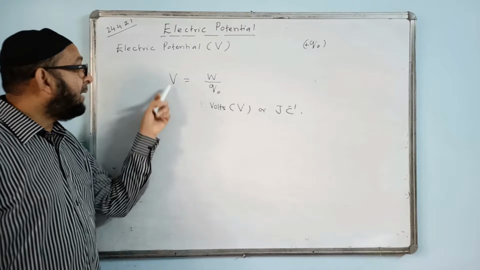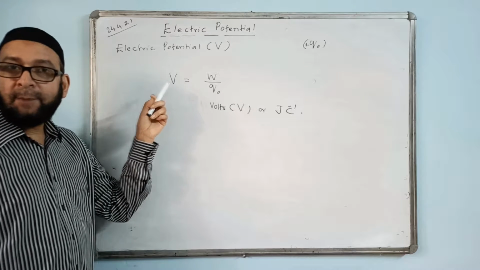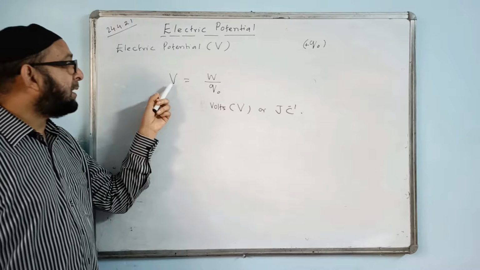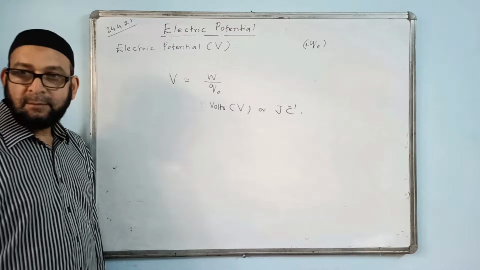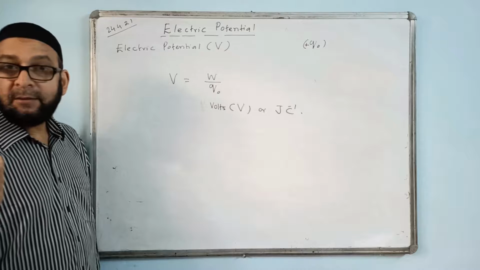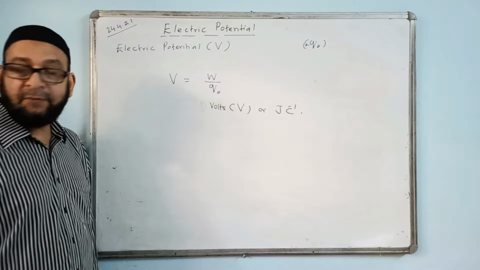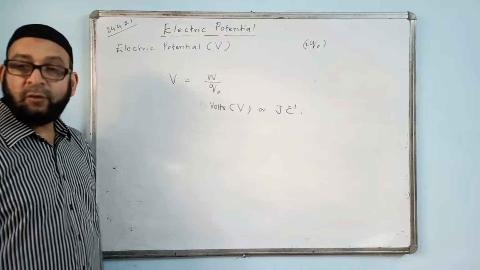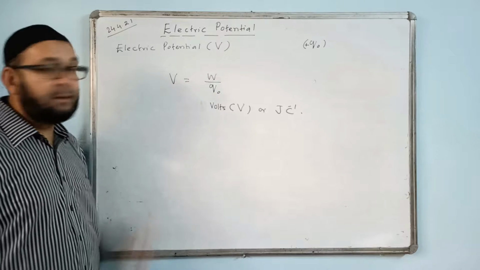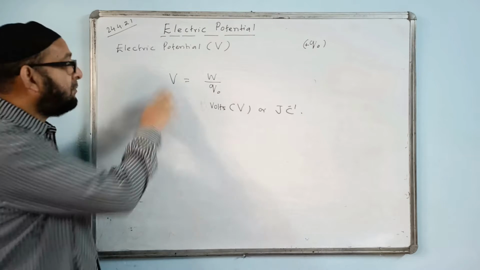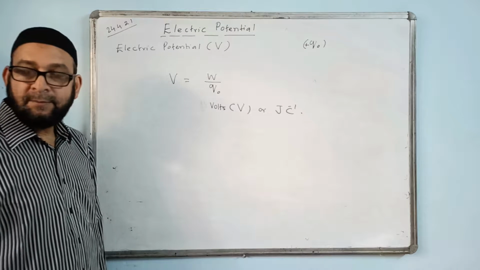Okay, and the important point about electric potential is that it is scalar, unlike electric field. Electric field was a kind of force, but potential is a kind of work done. Work is scalar, so V is also scalar.